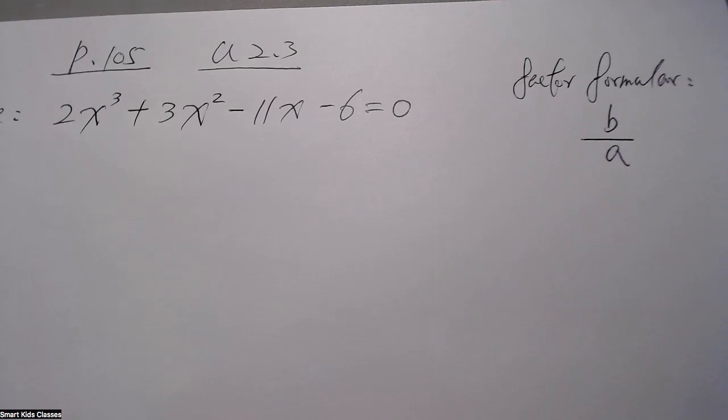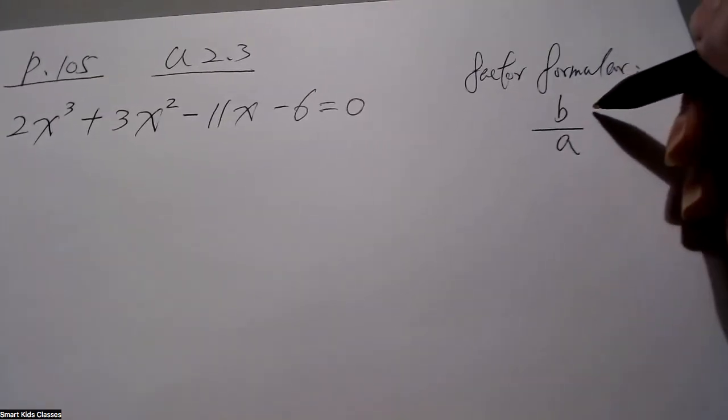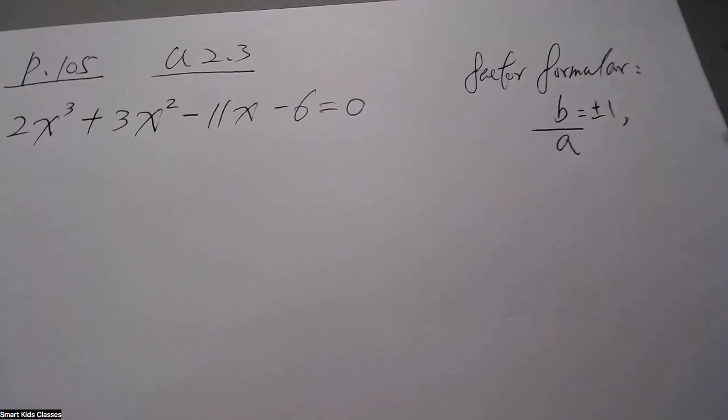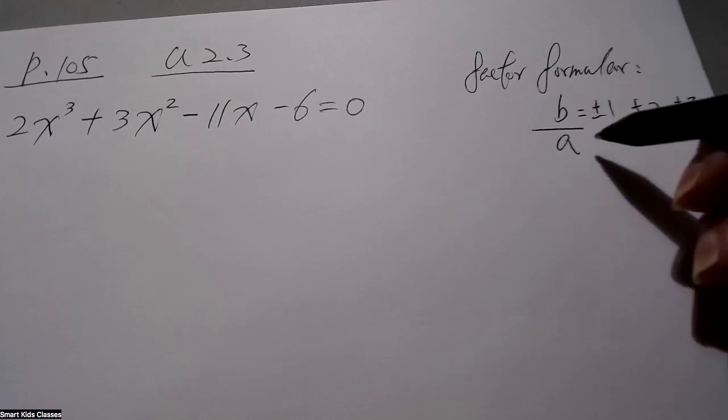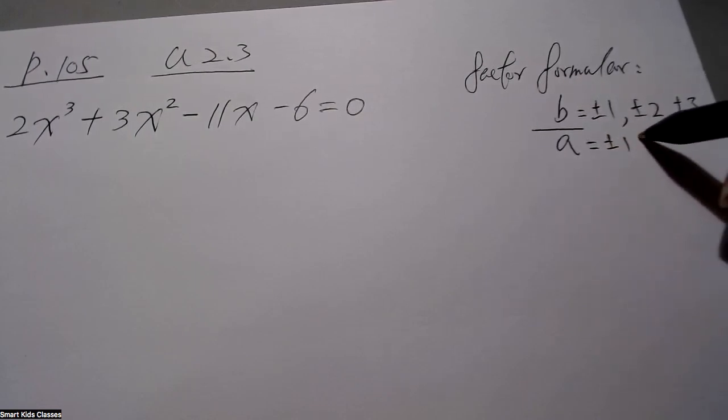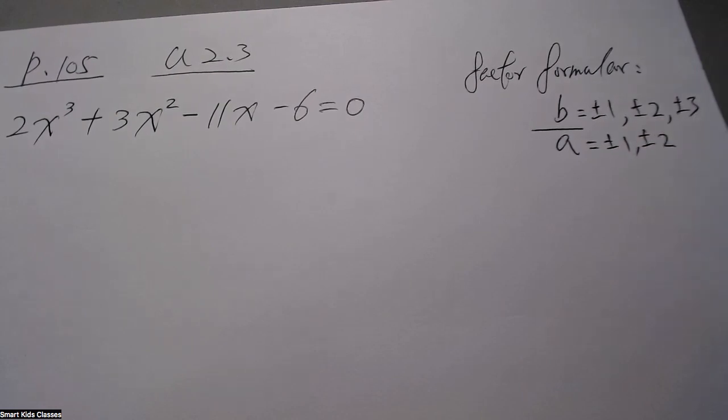For b, we're going to find all the factors: positive and negative 1, positive and negative 2, and positive and negative 3. 6 might be too large. And then we try for a, positive and negative 1, and positive and negative 2.